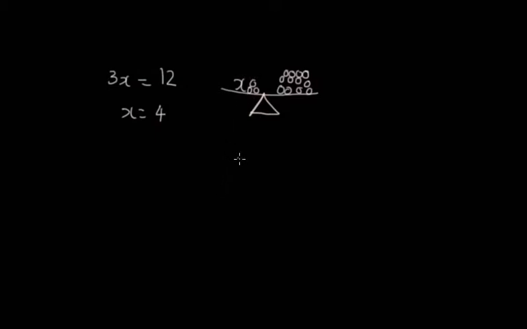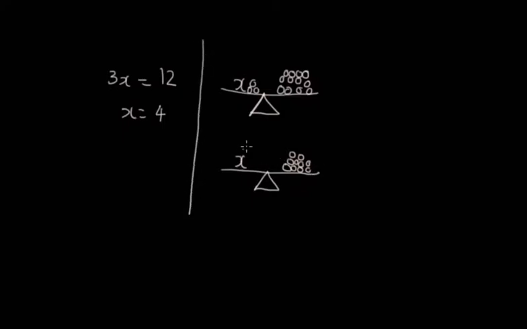The balance is equal. If we take away 3 of the apples here, we've still got our x here, and if we take away 3 from this side, 1, 2, 3, 4, 5, 6, 7, 8, 9, 10, 11, we're still left with the same equation.